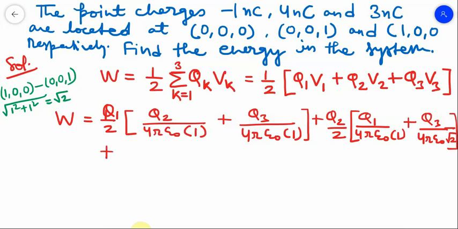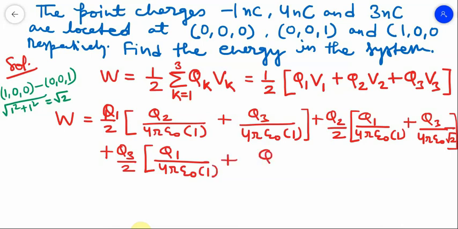And plus Q3 upon 2 [Q1 upon 4 pi epsilon 0 times 1, plus Q2 upon 4 pi epsilon 0 and root 2]. So we can expand this in this form.